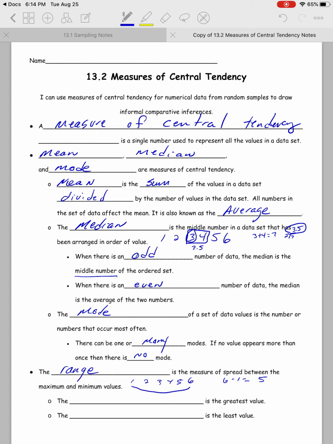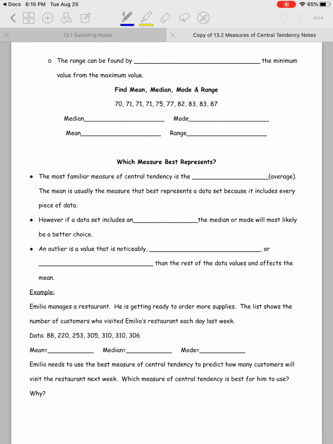That equals 5. The range is from here to here. The maximum is the greatest number, and the minimum is the lowest number, or the least value.